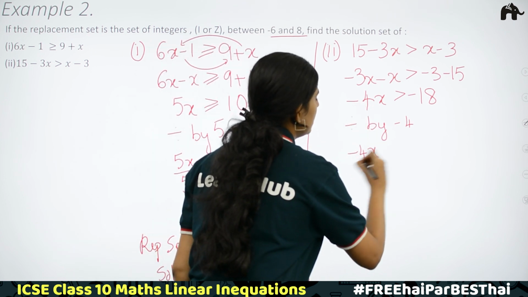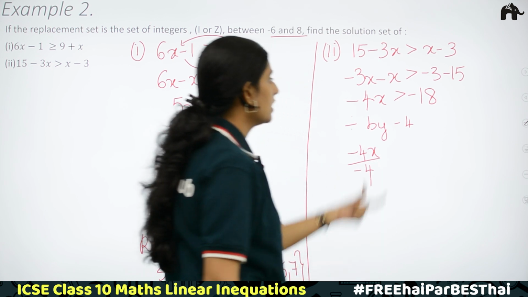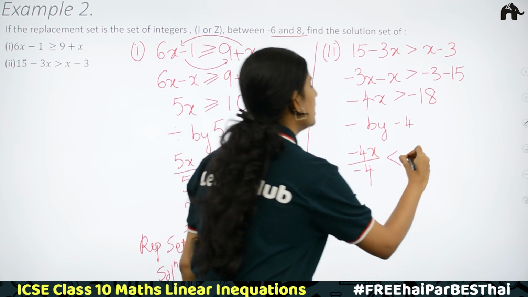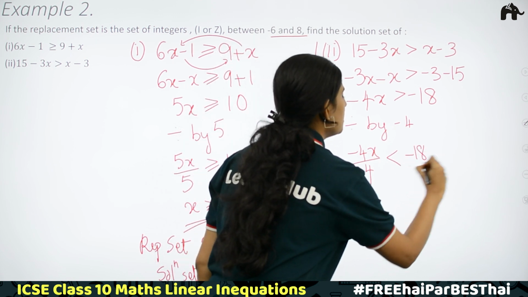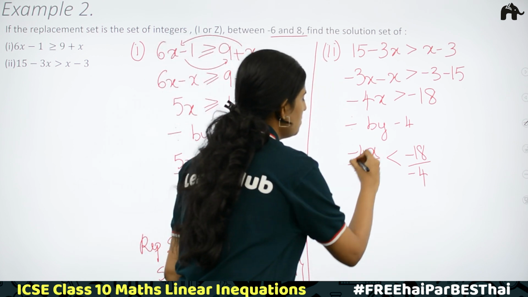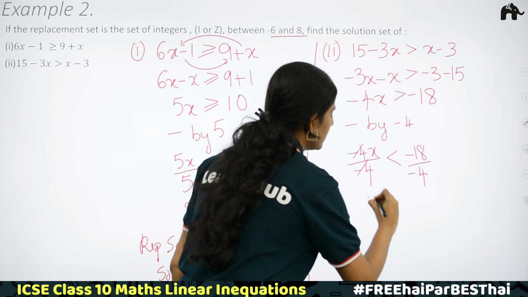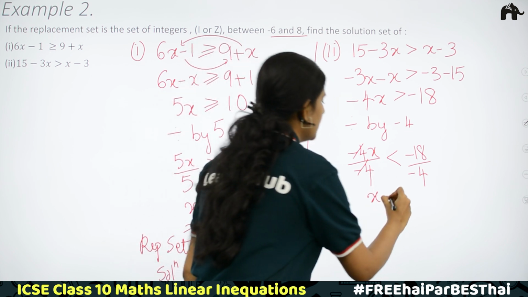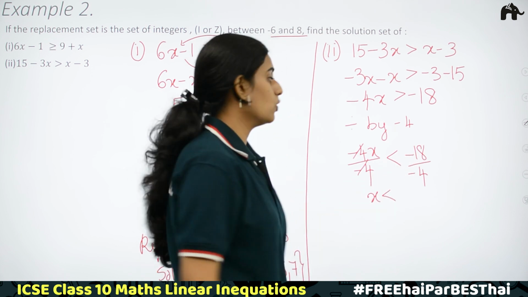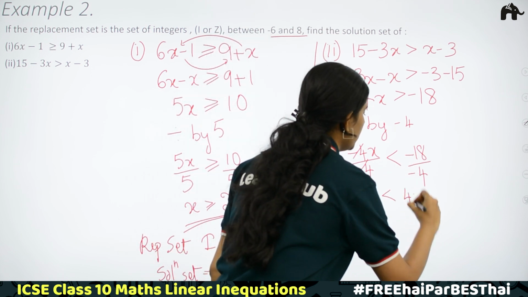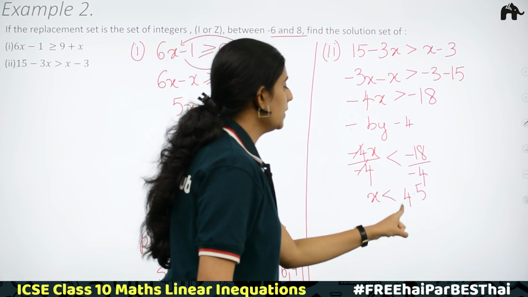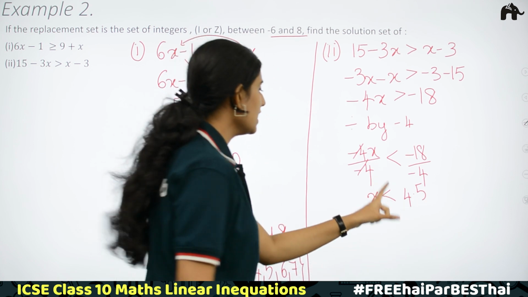Minus 4x divided by minus 4, greater than becomes less than, minus 18 divided by minus 4. Minus 4 and minus 4 get cancelled. You will be getting x less than minus 18 by minus 4, which is 4.5. That is, x should be less than 4.5 is the condition.